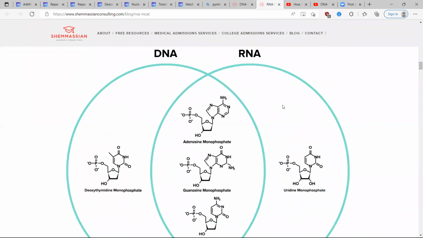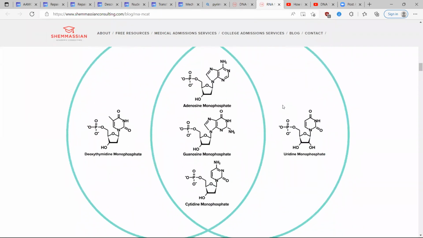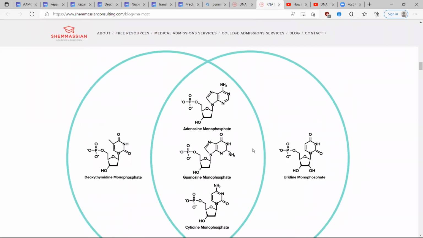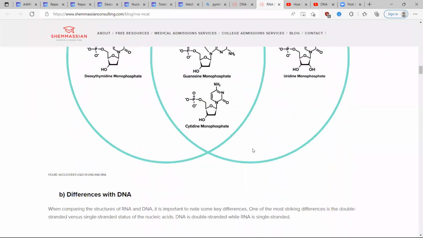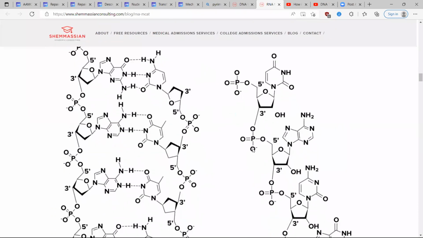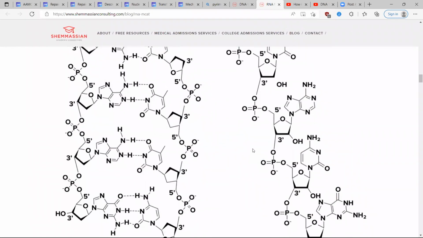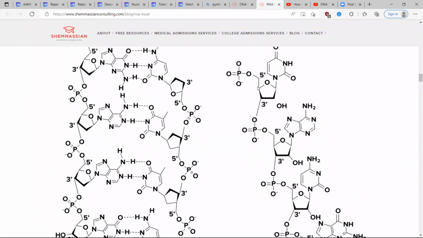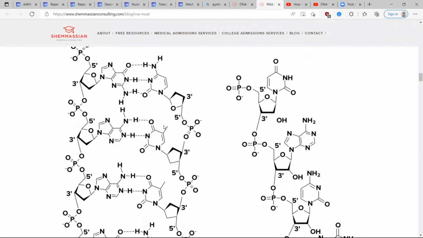This is a nice diagram: thymine is only found in DNA and uracil is only found in RNA. The other major difference is that RNA is single-stranded. RNA does not form this double helix like DNA does.